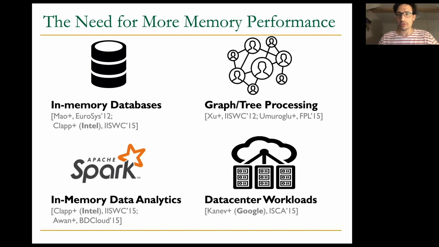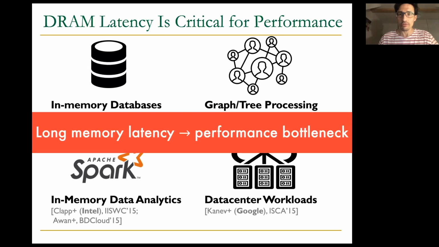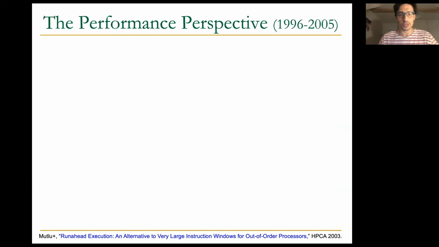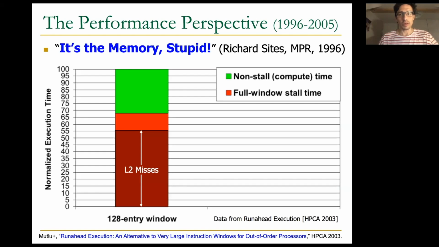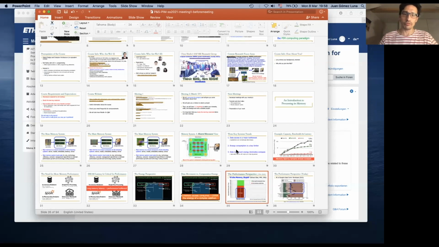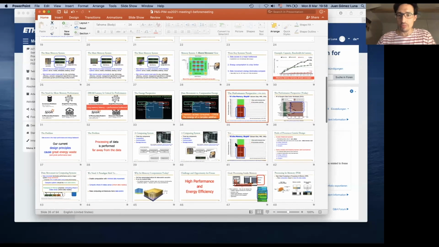Here, for example, you see some example applications that can benefit from processing in memory. This slide, you already know it, and some more motivation results, and then you will see some more slides about different processing in memory proposals.